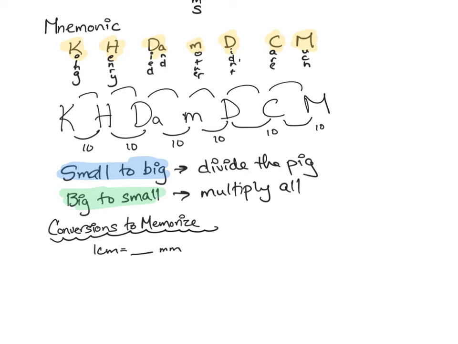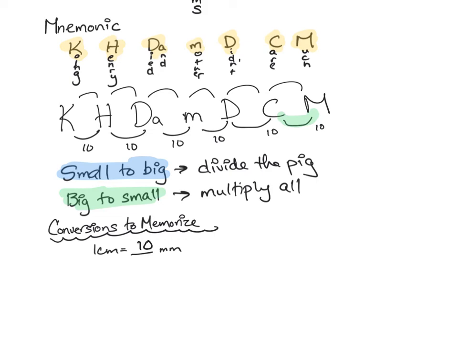We are at the centimeter, which is a big unit. We are going to a smaller unit, big to small, multiply all. So you're multiplying by 10, so we have 10 millimeters.